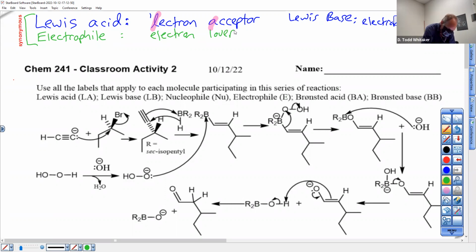And another pair of synonyms are the opposites over here. Nucleophile, nucleus lover. Now look at these 2 definitions, and I mean, what's in the nucleus to love? What charge? Positive. What's the only thing that loves positive?